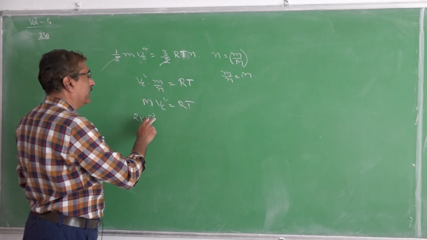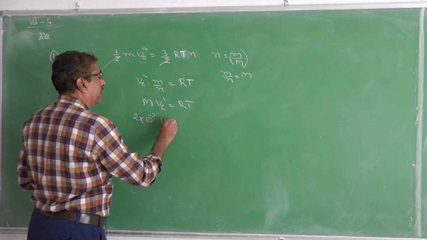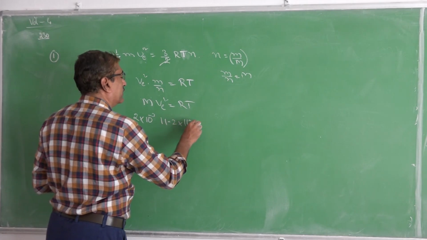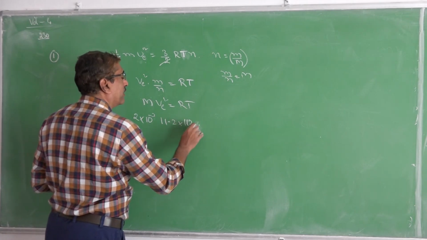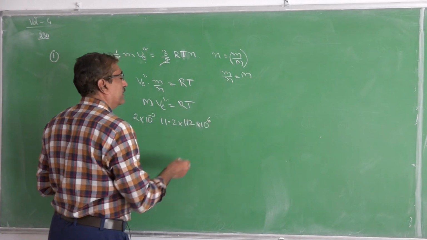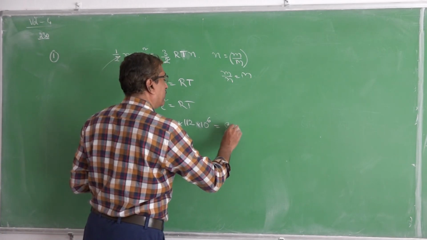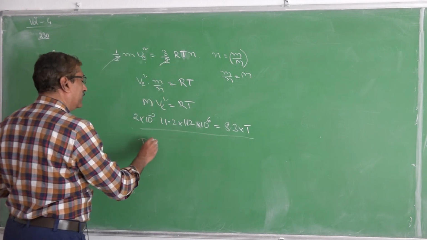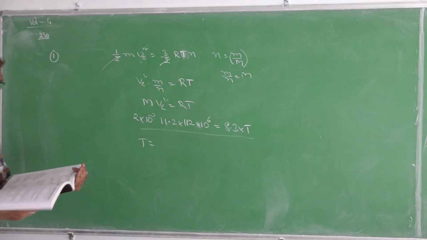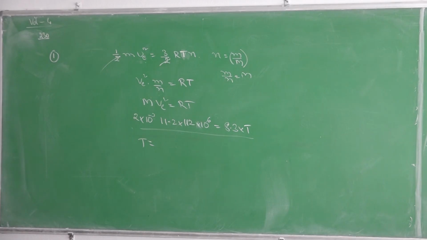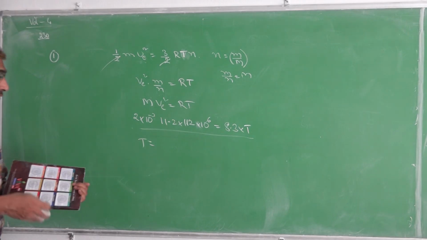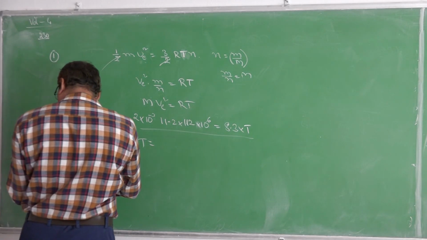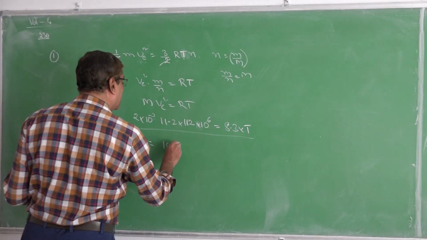We have to convert into kg, 2 into 10 to the power minus 3. 11.2 into 11.2, this is the escape velocity on Earth, kilometer means into 10 to the power 6, is equal to R, that is 8.3 into T. So T is equal to, calculating this, we will get the answer 10075 K.